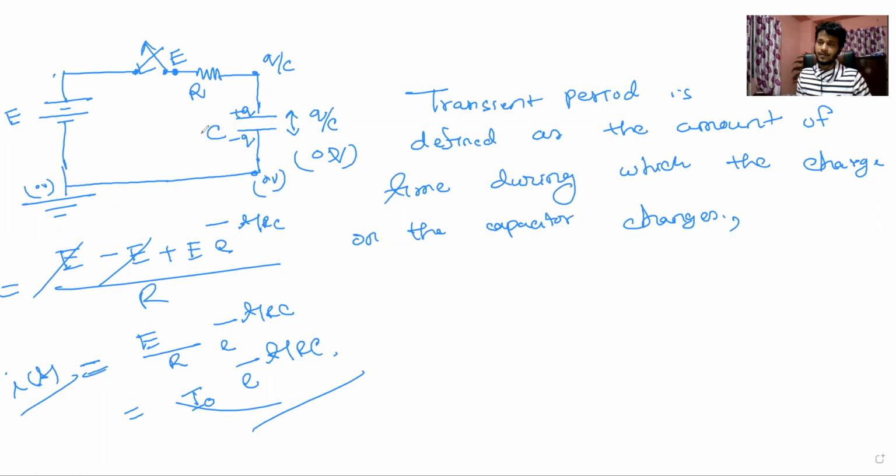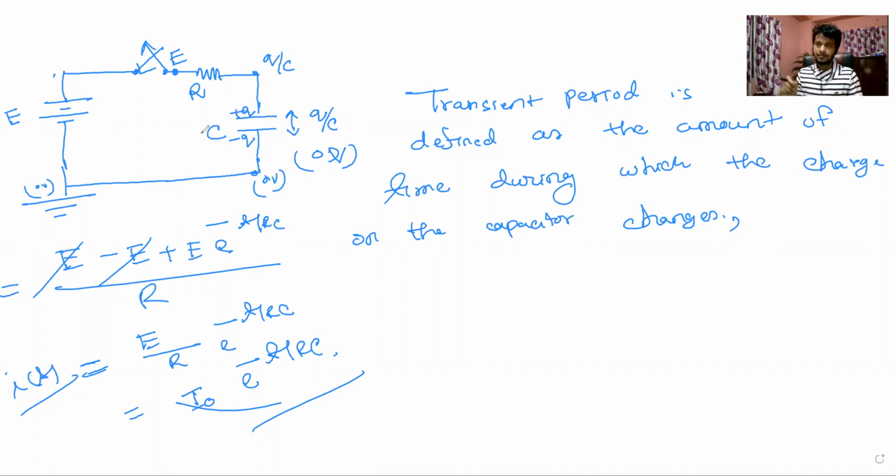Fine. Now under steady state, the charge on the capacitor will be maximum, denoted by Q naught equals CE, right? The potential of the capacitor will be equal to the voltage of the power supply, isn't it?